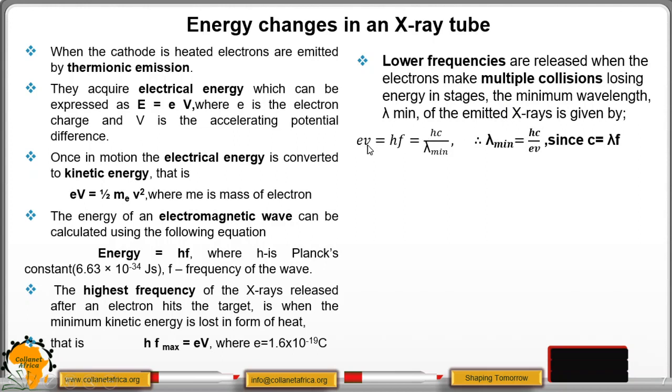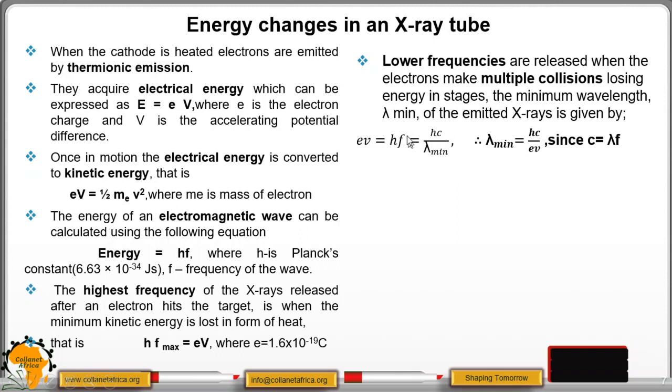Now, for you to get the minimum wavelength, we proceed as follows. We have that the electron volt, that is the electrical energy, is given by the energy of the wave, hf, but we know that c is equal to lambda times frequency, so our f will be c over lambda. So instead of writing f here, we write c over lambda.